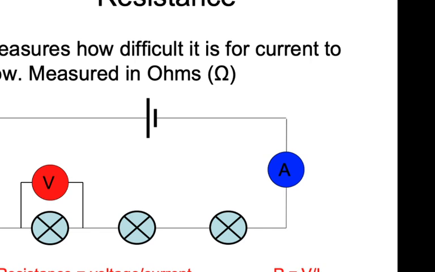A whole bunch of factors play into this, but the important thing is that higher resistance means essentially more difficulty for electrons to flow, right? They're going to be colliding with other atoms. They're going to be colliding with the sides of the conductor and with each other more frequently.